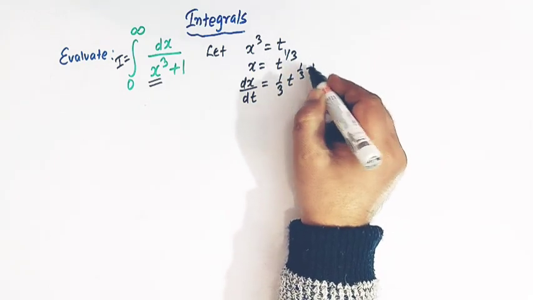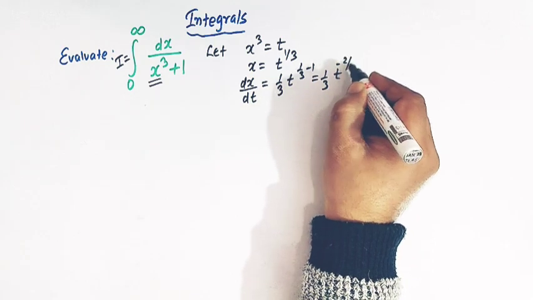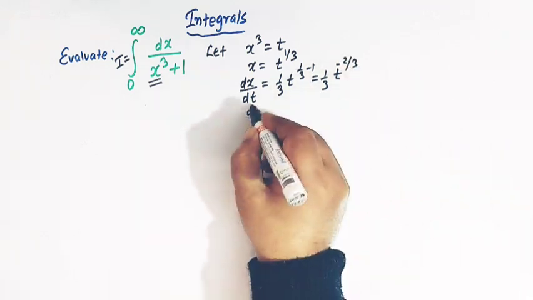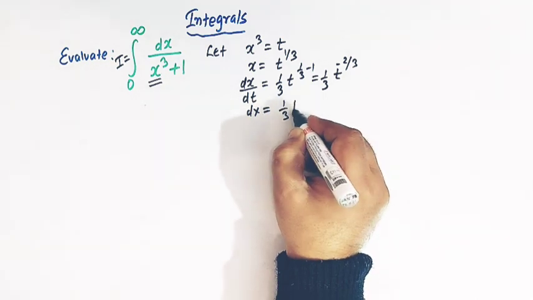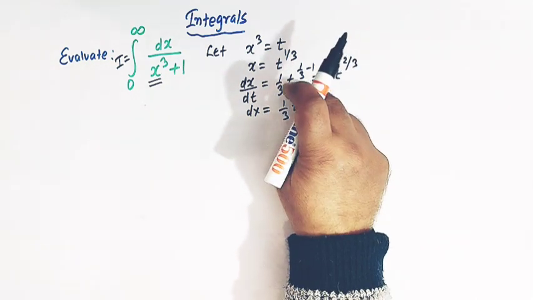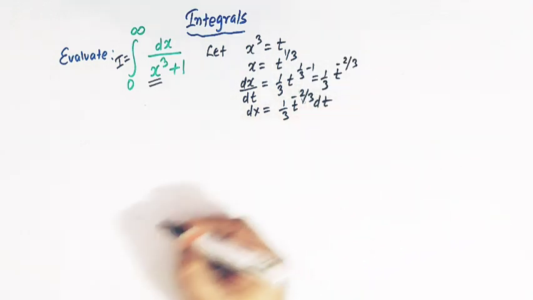Using the power rule for differentiation, 1 by 3 t raised to minus 2 by 3, right? So dx can now be written as 1 by 3 t raised to minus 2 by 3 dt, right?